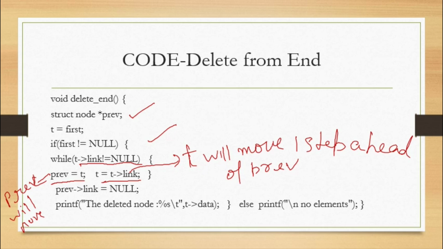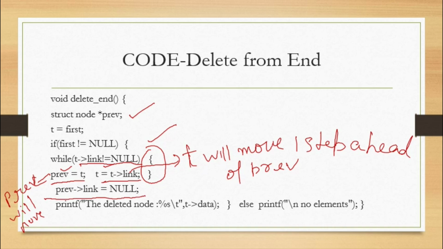Once this while loop is over, these two steps inside the brackets execute together. Once everything is done, you do previous of link is equal to null.